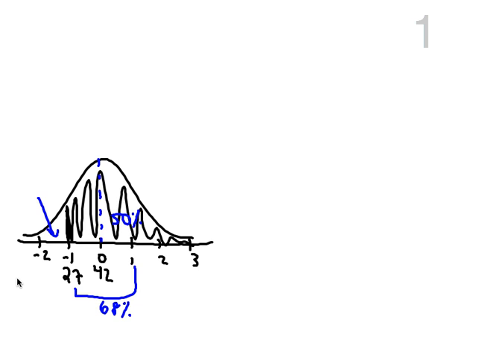So if I divide that in half, that makes this 34%. So 34 and 50 will give us 84%. So about 84% of speeds exceed 27. Well, I guess as a proportion though, because I asked for a proportion. So about 0.84.